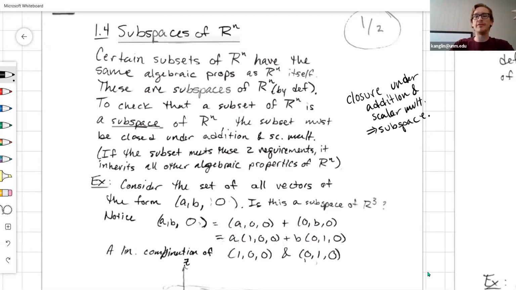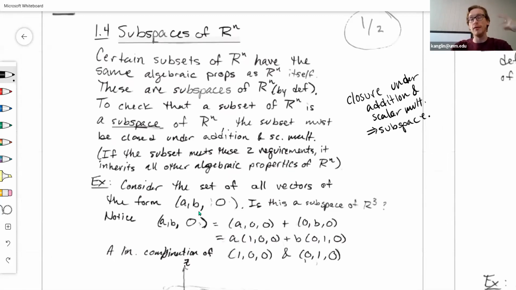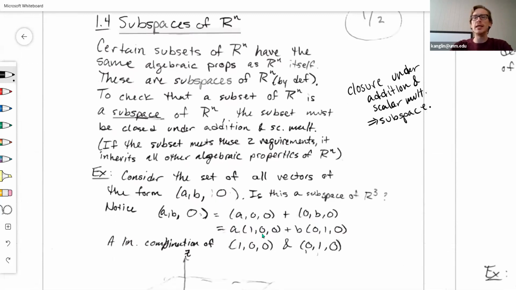And we're seeing something valuable now. Anything of this form a, b, 0 is really just a linear combination of the vectors 1, 0, 0 and 0, 1, 0. It's some scalar times 1, 0, 0 plus some scalar times 0, 1, 0. So we've gotten at something more fundamental about this subset.